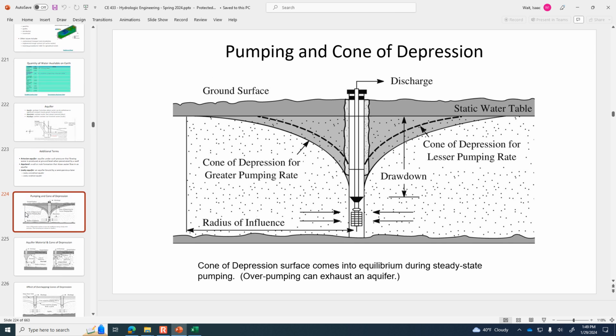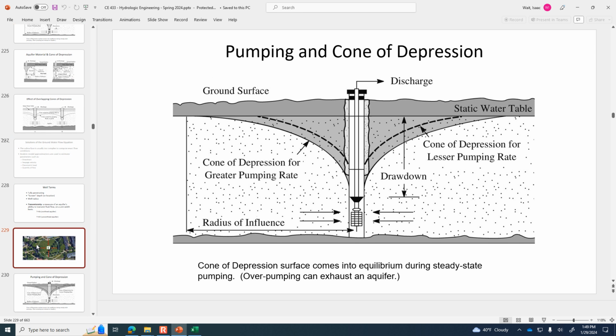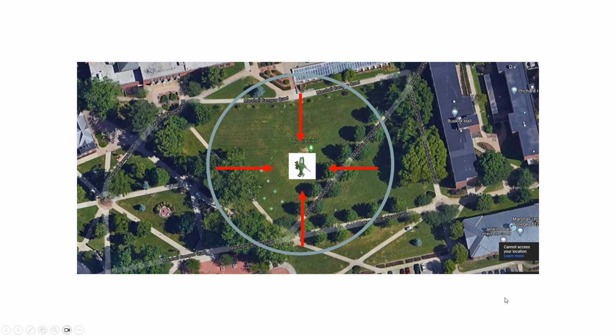So let me just jump ahead to an overhead view. This is a picture of Marshall's campus, Buskirk Field. If there was a pump in the middle of Buskirk Field that was withdrawing water, then the water would be coming towards the pump from all directions if we were looking at it from above.